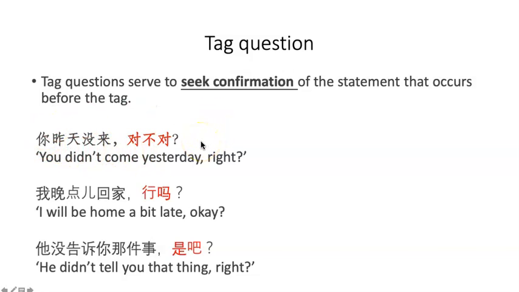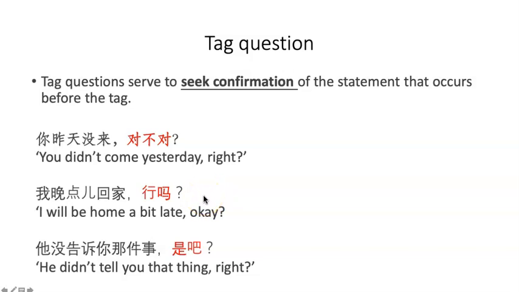The speaker or the questioner is seeking confirmation of the statement before 对不对. That means the speaker is seeking confirmation of the statement 你昨天没来. By using 对不对, the speaker seeks confirmation from the listener.